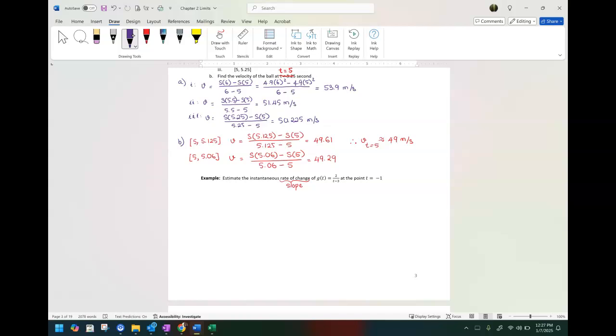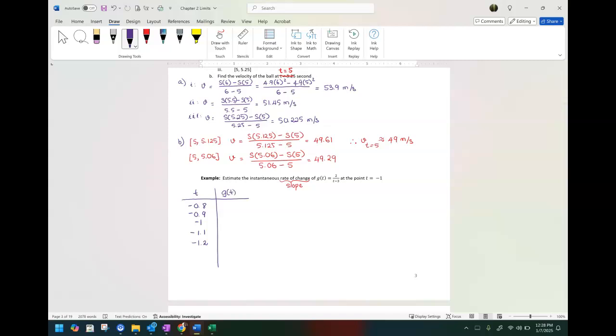So to calculate the slope of the secant line close to negative 1, we first will make a chart. The values of t that are close to negative 1. And we calculate the value of g.